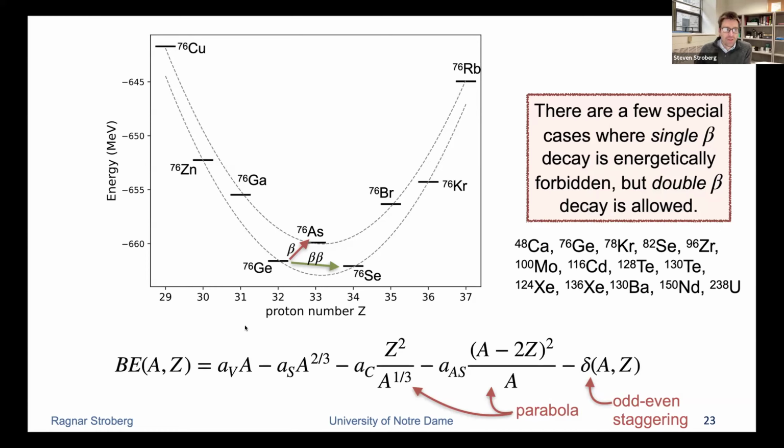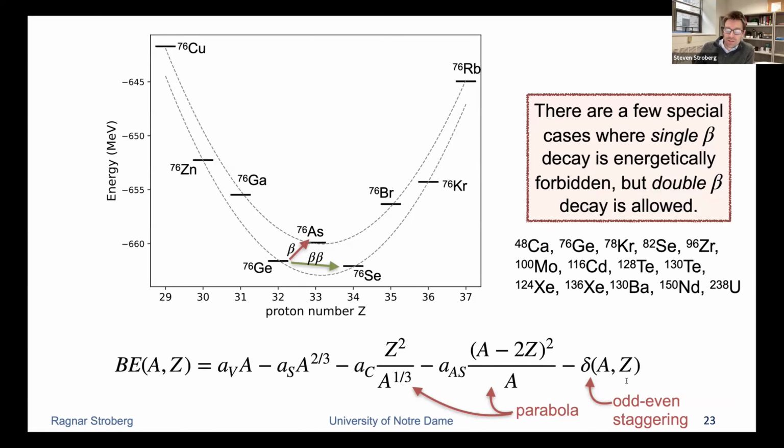And you can kind of understand what we're looking at here, especially from looking at these last 3 terms. There's going to be some quadratic dependence on Z. So we're going to get a parabola, especially centered on roughly equal numbers of protons and neutrons. And then the pairing prefers an even number of protons or an even number of neutrons.